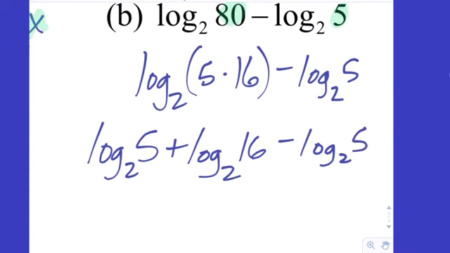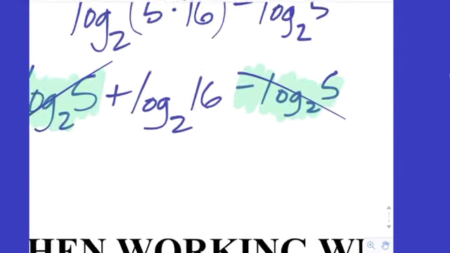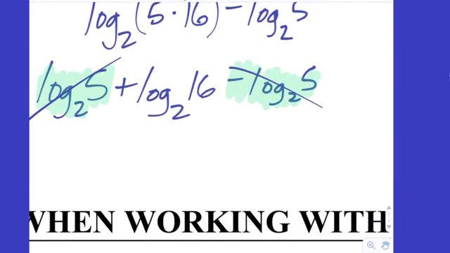Holy moly, smokers. Anybody notice something cool on this line? Now that we've expanded the first term, I have a log base 2 of 5 over here and minus the log base 2 of 5 over there. What happens to those? They cancel, and we're left with log base 2 of 16.